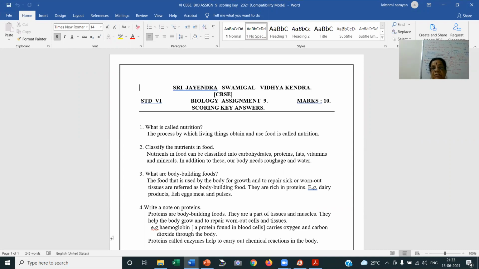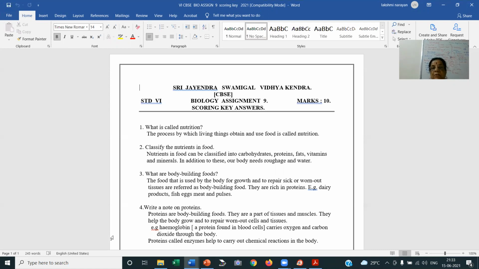In addition to this, our body needs roughage and water. I hope you understand. So I say nutrients in food can be classified into carbohydrates, protein, fats, vitamins, and minerals. In addition to this, our body needs roughage and water.